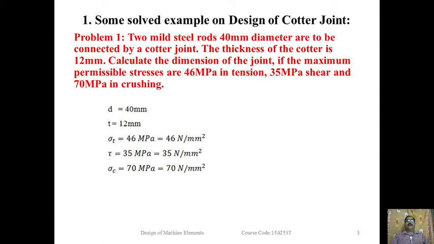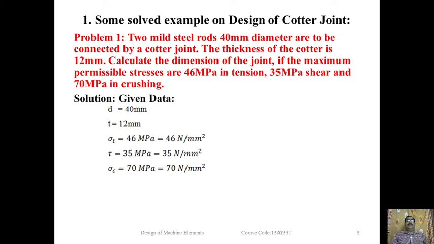The thickness of the quarter is 12 mm. Calculate the dimensions of the joint, if the maximum permissible stresses are 46 megapascal in tension, 35 megapascal in shear, and 70 megapascal in crushing.